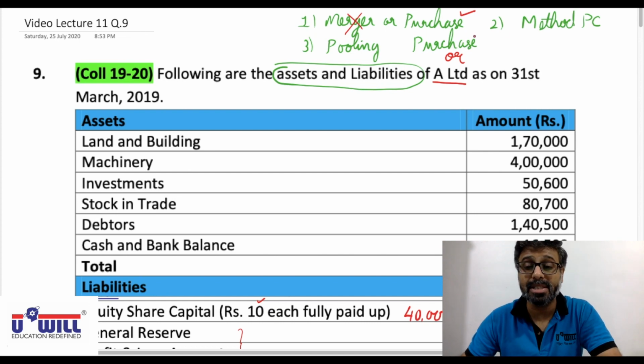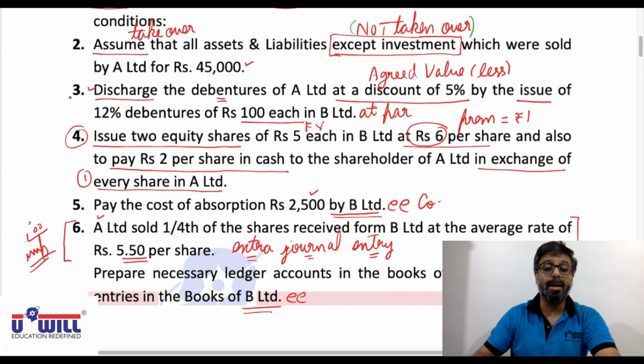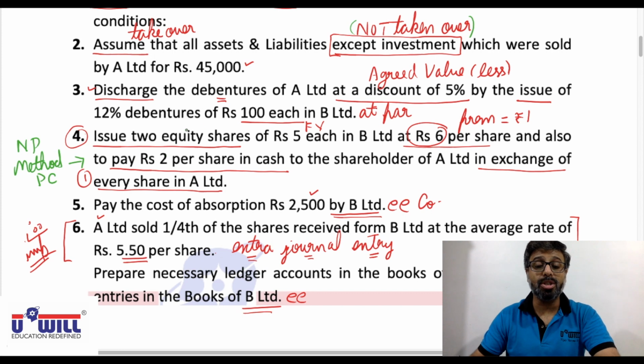Next, method of purchase consideration. As per adjustment 4, we can conclude that it is net payment method of purchase consideration, because two modes of payment are given, equity shares and cash, and none of the details are missing. All the details are available.